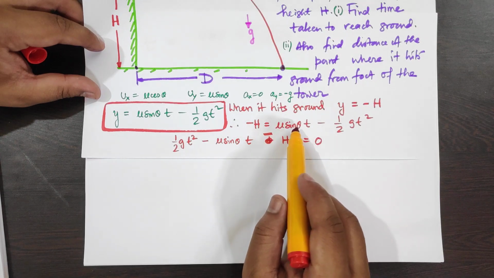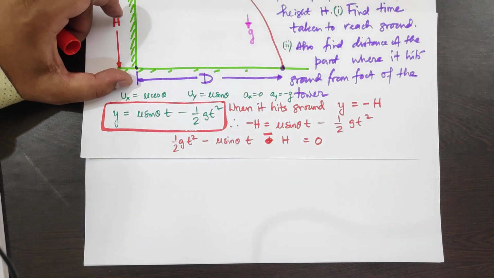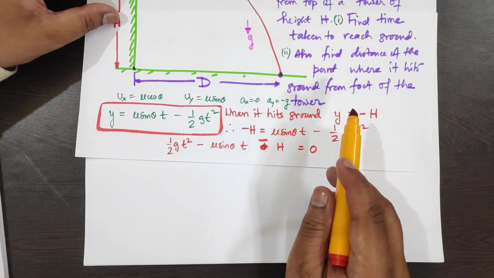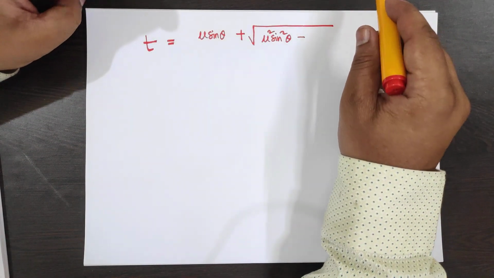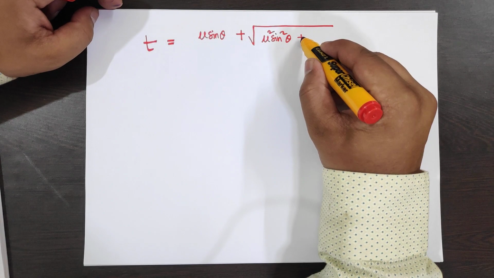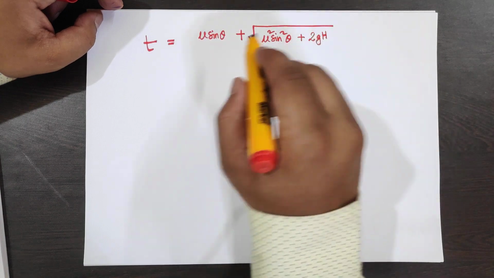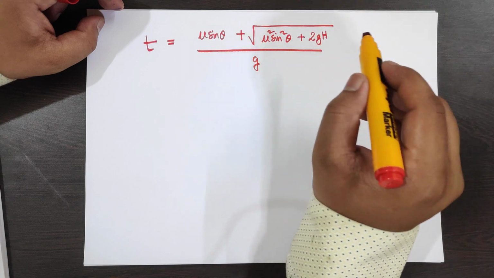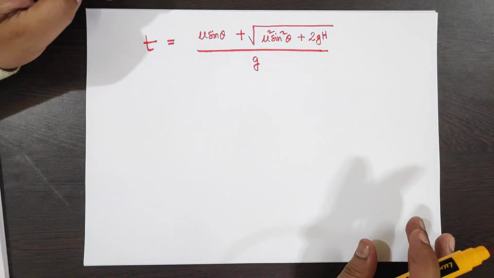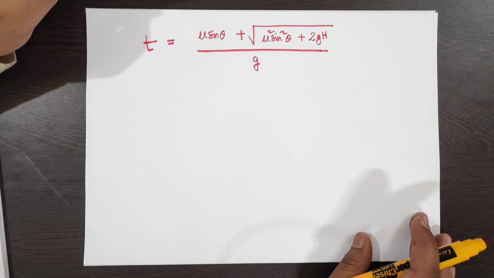When it hits ground, y equal to minus h, u sin theta t minus half gt square, so half gt square minus u sin theta t plus h. So b square minus 4ac, so plus 2gh, divided by 2a, that is g.